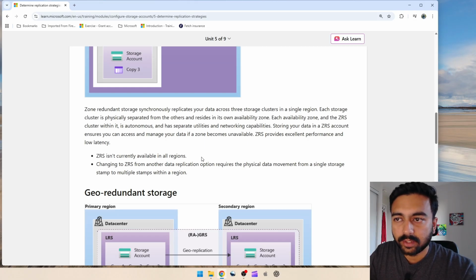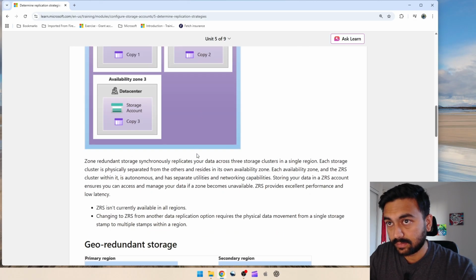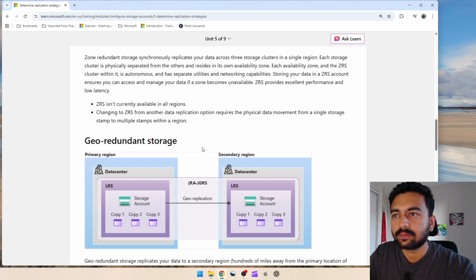It isn't currently available in our region, so you also have to see if it's available in the region you select. Changing to ZRS from another data replication option requires physical data movement from a single storage.